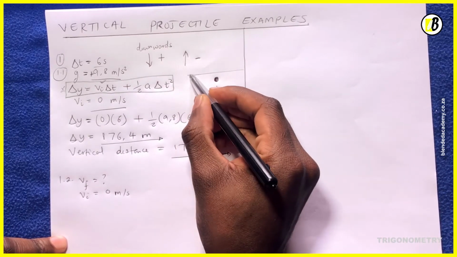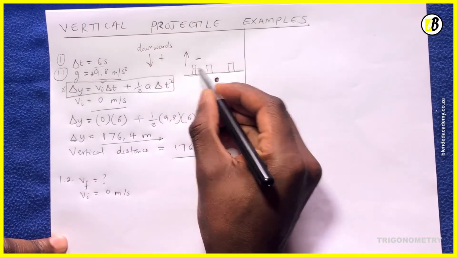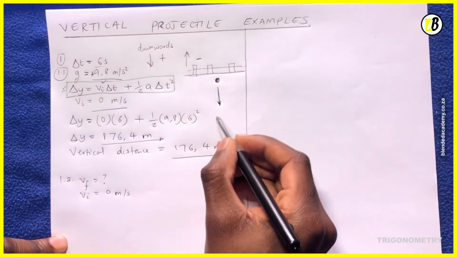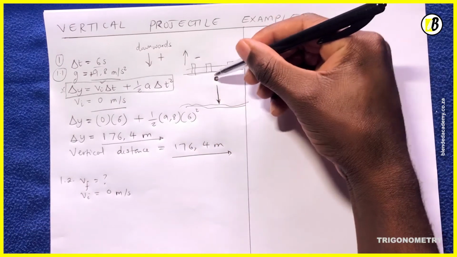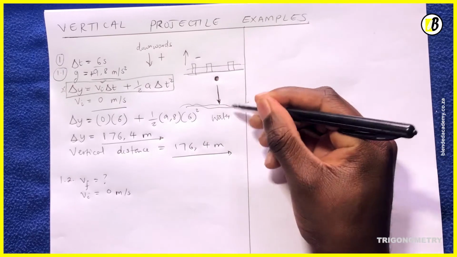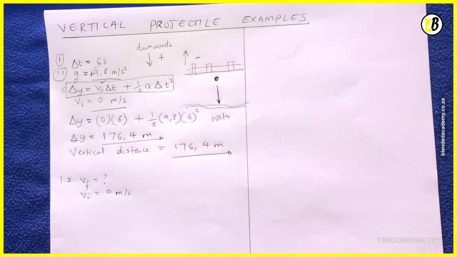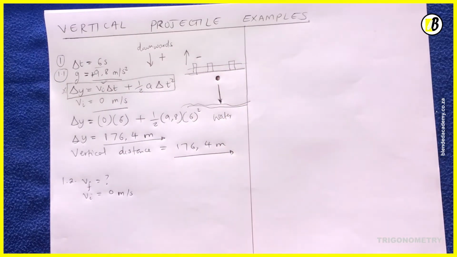So this is the bridge there at the top. I hope you guys can see this. And then there's water below the bridge. So this stone is falling from the bridge towards the water at the bottom. You can see that the only force acting on the stone is the force due to gravity, because we're ignoring air resistance. They said we should ignore air resistance.